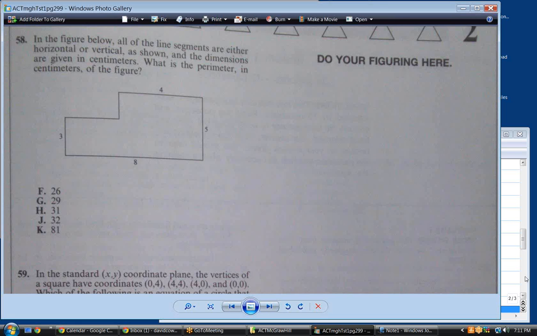My problem. Yes. What's the perimeter? 26. Uh-huh.